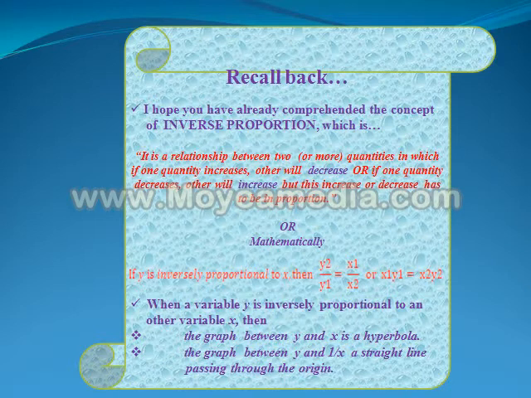And if we draw the inverse proportional relationship between two variables y and x, it's going to be a hyperbola. Means if you draw the graph between y and x, on one axis you take the value of y, on the other axis the value of x, it comes out to be a hyperbola, not a straight line.